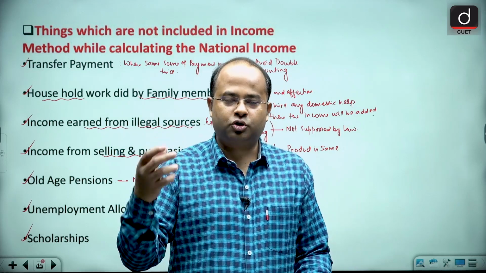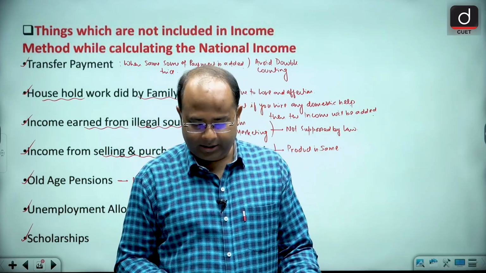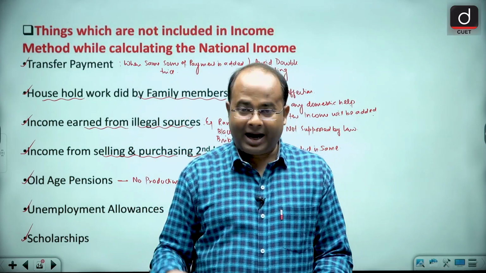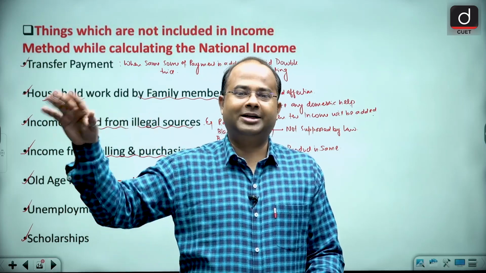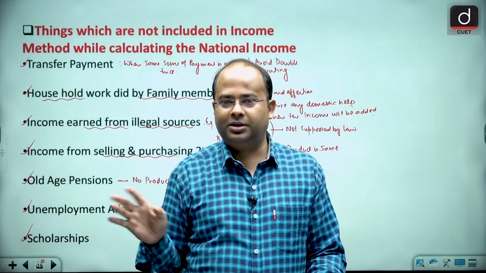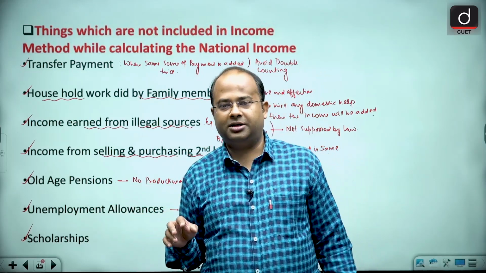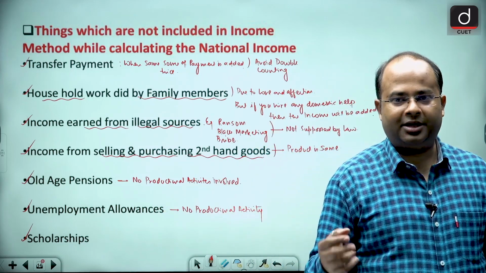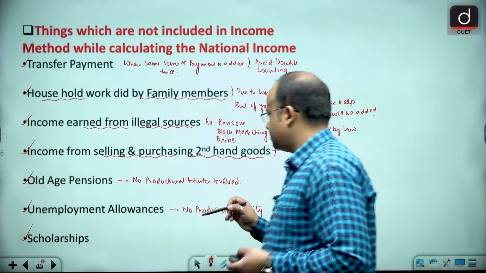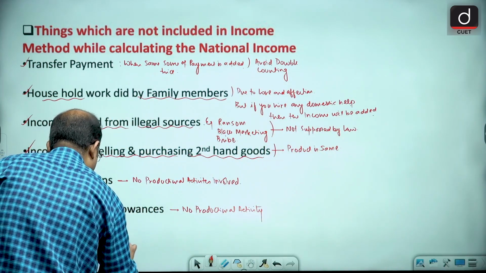So does a scholarship generate income? That is for the person who is holding the scholarship, but whether they did any type of productional work to earn that scholarship, do not say that they have worked hard to earn it. It is not taken care of in economics because that does not generate income. So that is not a productional activity.